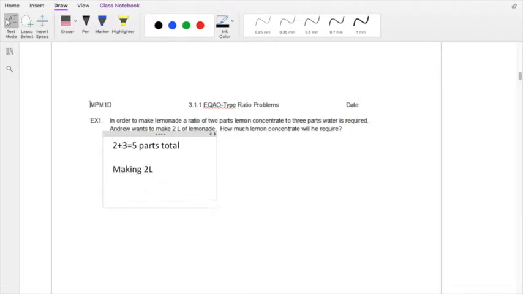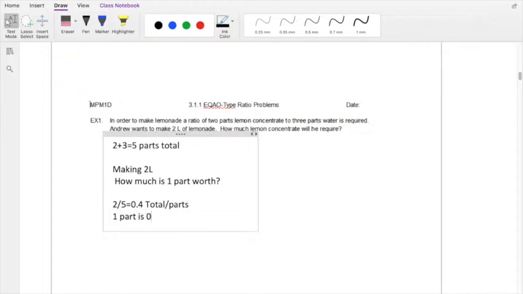So let's figure out how much 1 part is worth. To find that, we go 2 divided by 5. So the total we need divided by how many total parts we have. Now we know each part, so one part is 0.4.